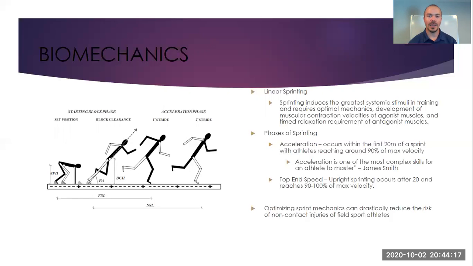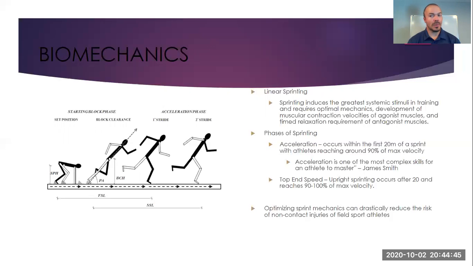So essentially, we're going to be looking at acceleration and top end speed. If we read into our acceleration bullet a little bit more, it's going to occur within the first 20 meters of a sprint with athletes reaching around 90% of max velocity. So let's think about that. The majority of our top speed is built within 20 meters.